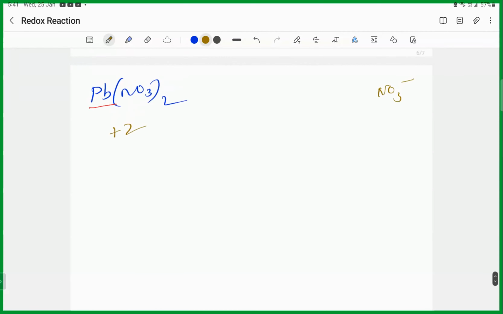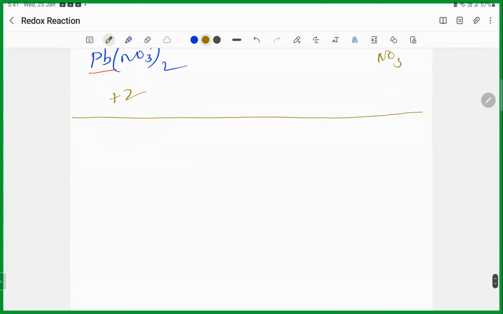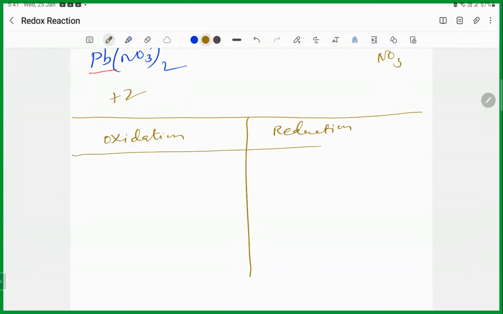So I'm going to differentiate oxidation versus reduction. In oxidation, electrons are lost from an atom or ion.